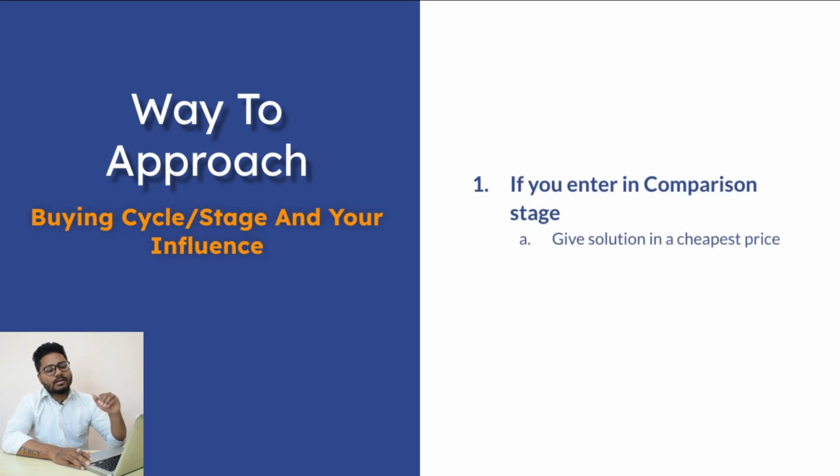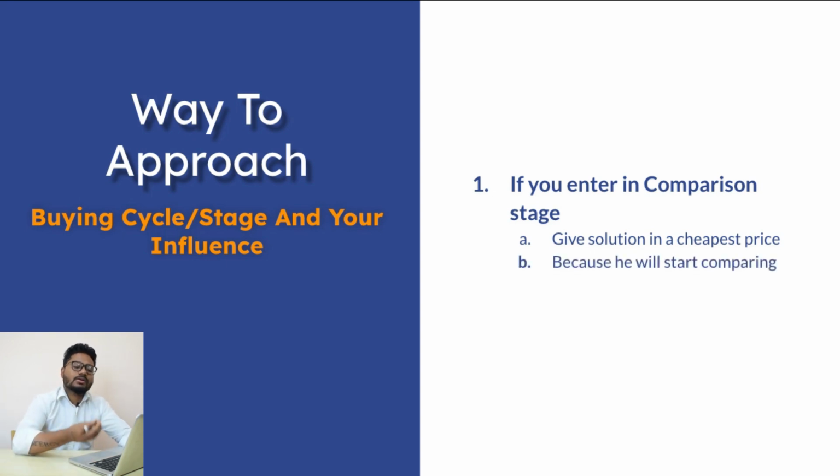what will you have? There is only one option left, which is that you have to give this solution to them at the cheapest price. Why? Because they have started comparing, and you will not have any other option. Trust me. Because you are coming to that stage when he has already checked many solutions. He has been influenced by many people, right?